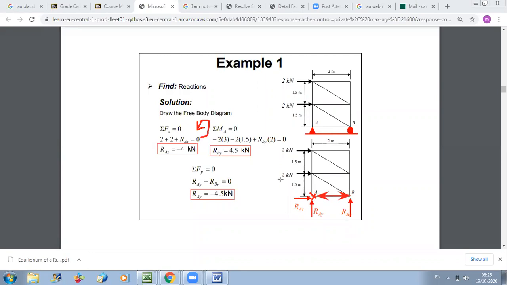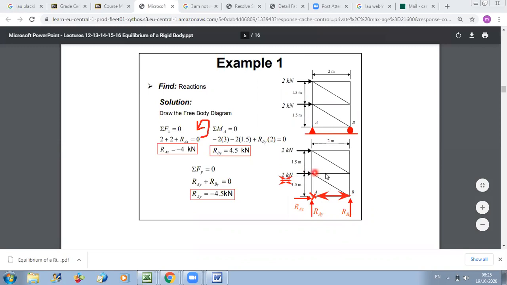Then I have the moment of the 2 kilonewton force here, and it's producing a moment in the clockwise direction, because if you do the right hand rule, or if you do it with your pencils, you can see that this force is producing a moment in the clockwise direction. The same for this one, so they have negative moments.